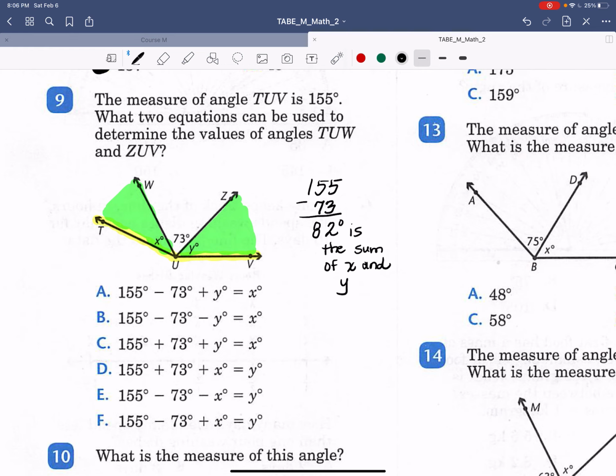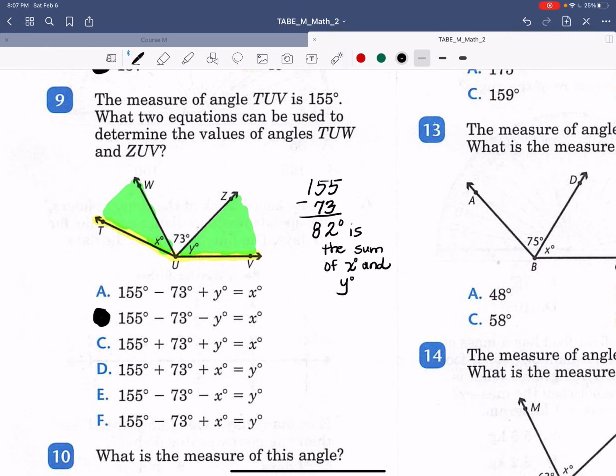So we need an equation that says the same thing, sort of, X degrees and Y degrees. So let's look at our choices here. We take 155 minus 73 and add Y to get X. That's close, but we take 175 minus 73 minus Y, and that would leave us with X. So B is one of them.